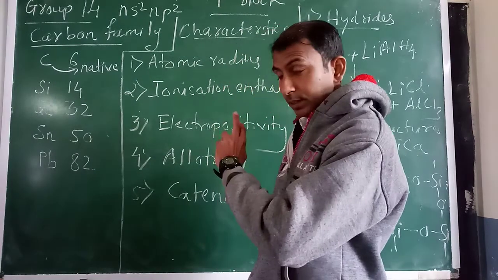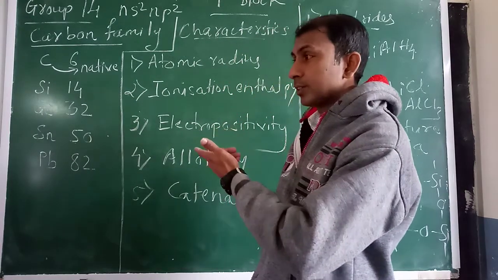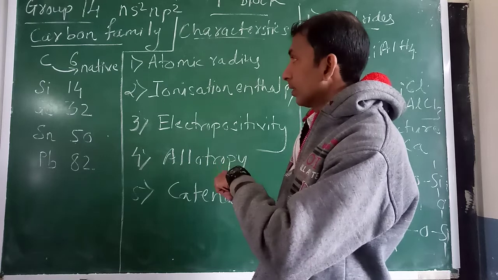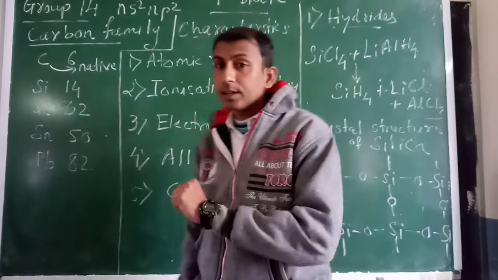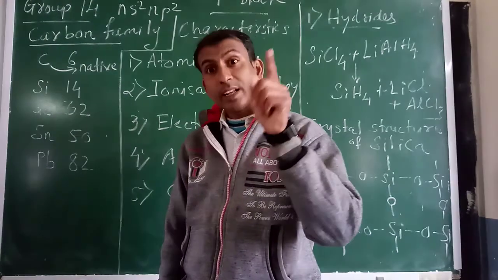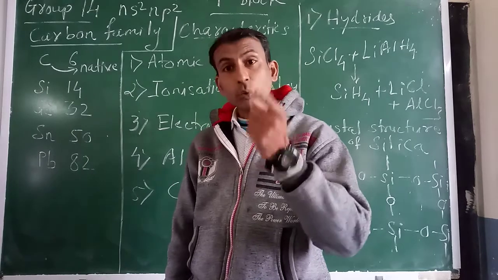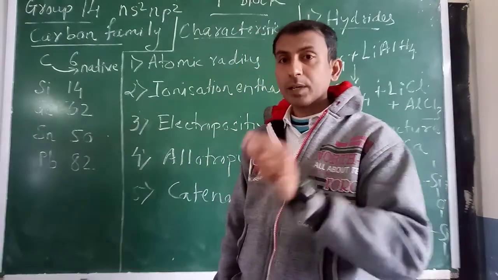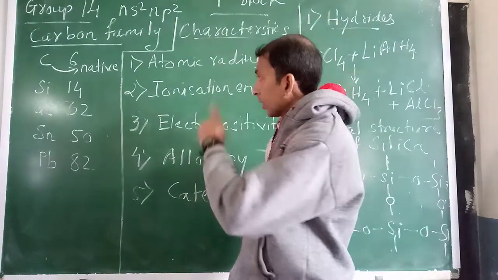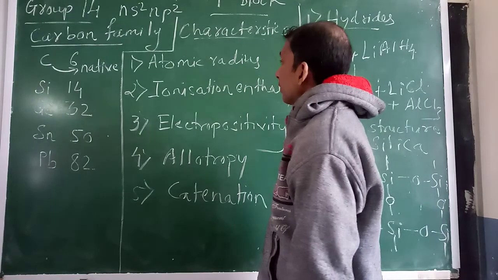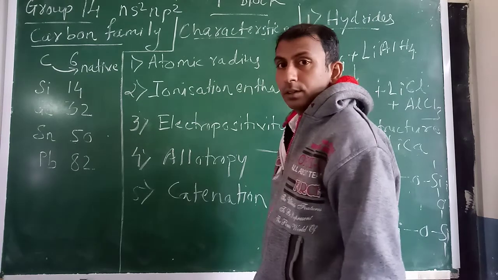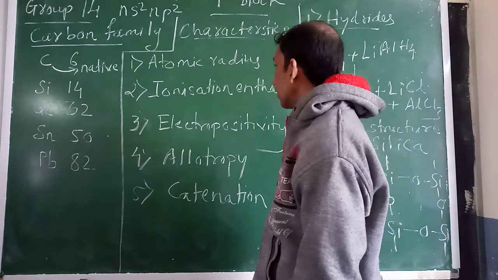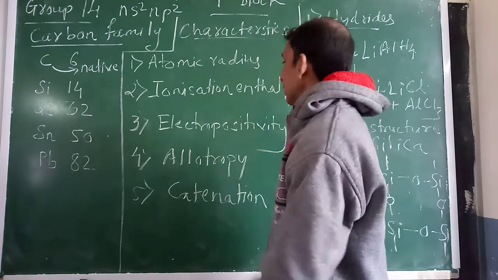But comparing group 14 with group 13 elements, ionization potential will increase because nuclear charge is increasing, so they have slightly higher ionization potential than group 13 elements.